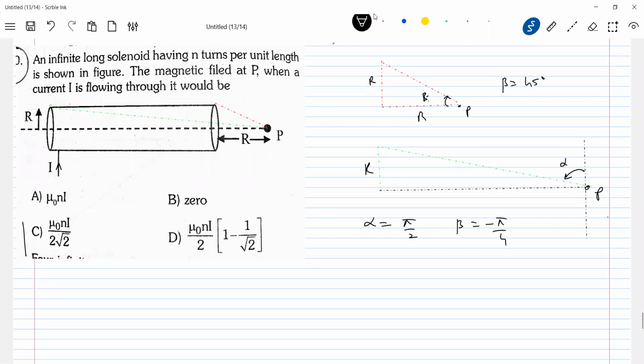Beta, sorry, okay, it comes here. I'm just making some correction. Beta, I should measure like this, no?